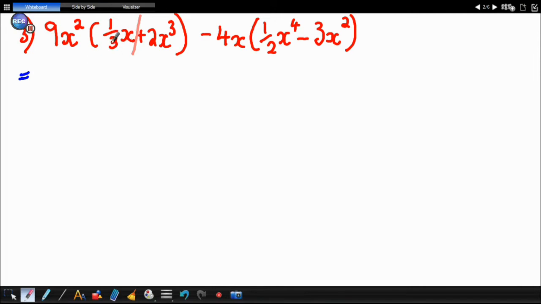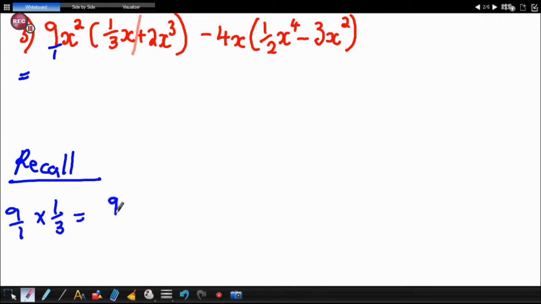Now, because this is a fraction, I want to make this a fraction as well so that it's easier for me to multiply. We'll have 9 over 1 times 1 over 3.